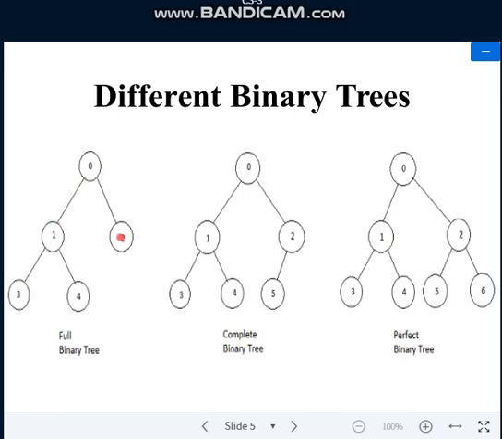It has 2 children, and this one again has 2 children. But what is the level? How many levels are there here? 3 levels. And if there are 3 levels, a full binary tree can have a maximum of how many nodes? Anybody remember all these things when you studied data structures?